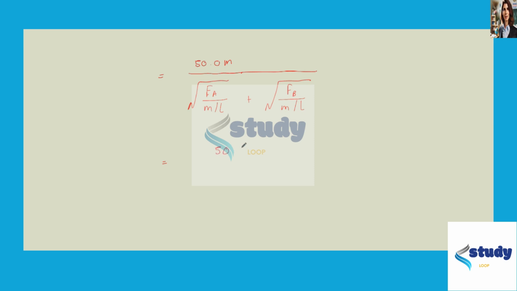So this is 50 meters divided by the square root of the tension for wire A, which is 6 times 10 to the 2 newtons, divided by its mass per unit length of 0.02 kg per meter, plus the values for wire B. Its tension is 3 times 10 to the 2 newtons, divided by its mass per unit length, which is the same, 0.02 kilograms per meter.